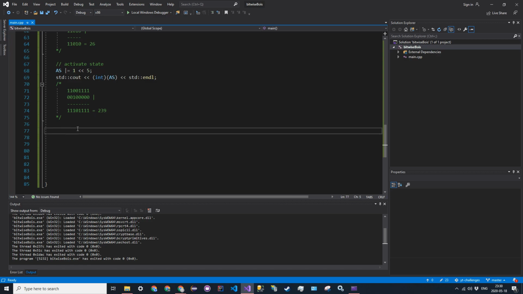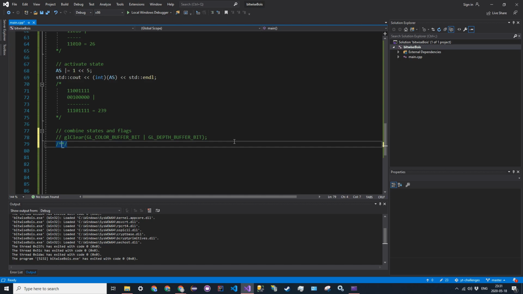And we have seen this in the past, in OpenGL specifically, because you can also use this to combine states and flags. When we call glClear with GL_COLOR_BUFFER_BIT and GL_DEPTH_BUFFER_BIT, this is essentially doing a bitwise OR of two bits. It pretty much says it in its name. So let's look at what this could look like.